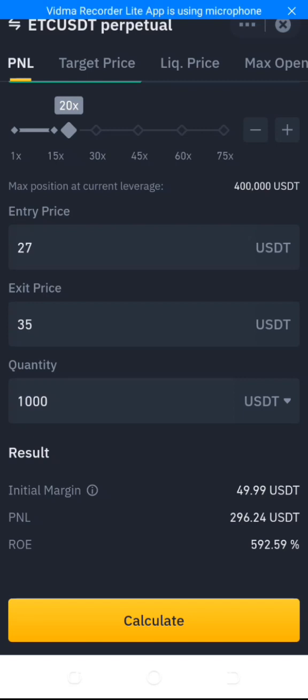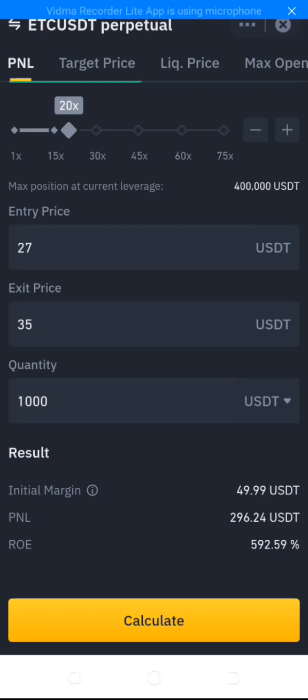As you can see here, where they wrote initial margin is what I need to have to start up a $1,000 trade if I'm using 20x leverage. This PNL is now showing me how much profit I will make if I enter a trade at 27 and leave it at 35. So I'm going to make a profit of 296 USDT, and my return on investment is 592%.